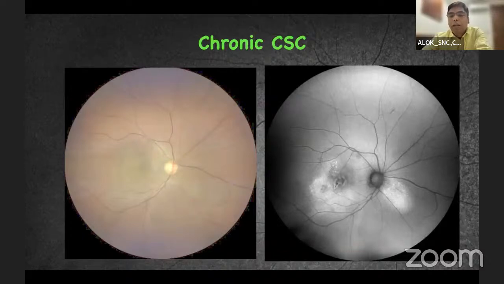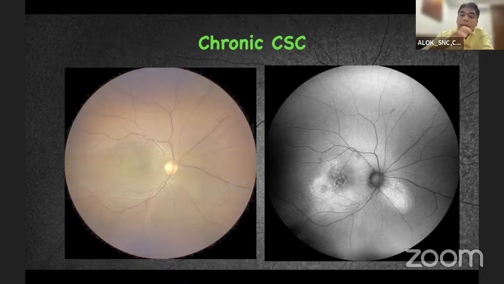Fundus autofluorescence can be more helpful in making the diagnosis of chronic CSC, where you can see these gravitational tracts of hyperautofluorescence. Now, this hyperautofluorescence is basically because of the loss of the photoreceptors, and there is increased transmission. It can also be because of the lipofuscin which is being deposited because of the shed photoreceptors.